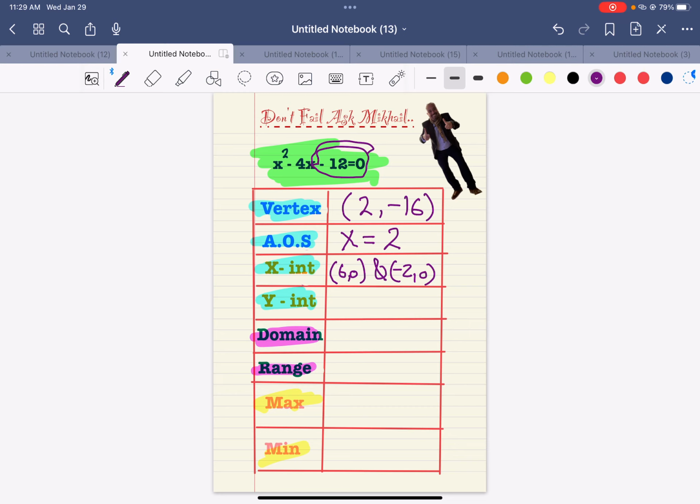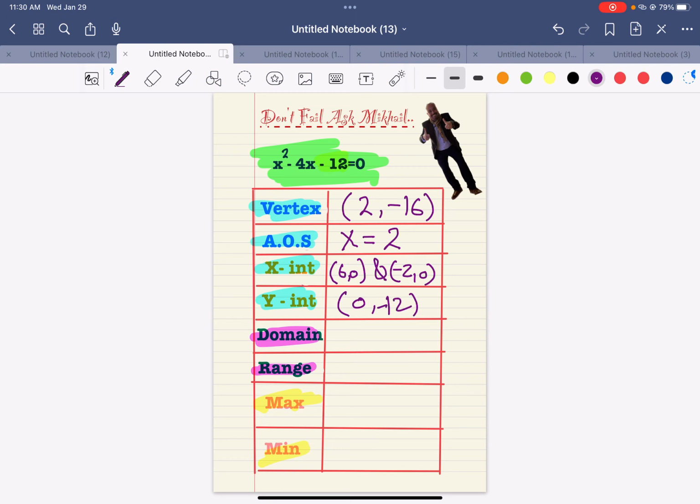This c over here, negative 12. So the y-intercept is negative 12. That means x is 0, y is negative 12.